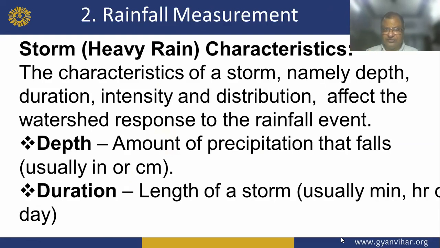Now storm, heavy rain. The characteristics of a storm rain, namely depth, duration, intensity, and distribution, affect the watershed's response to the rainfall event.